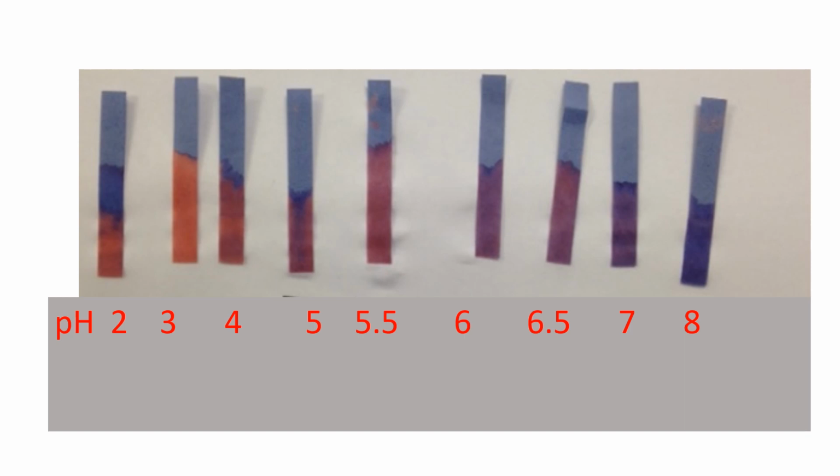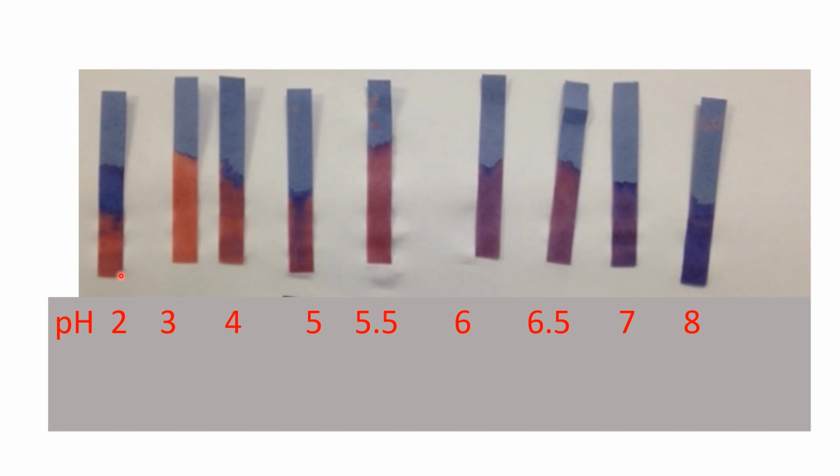This is a litmus paper test at various pH. Between pH 5 to 7, it is difficult to tell if it is acidic or basic.